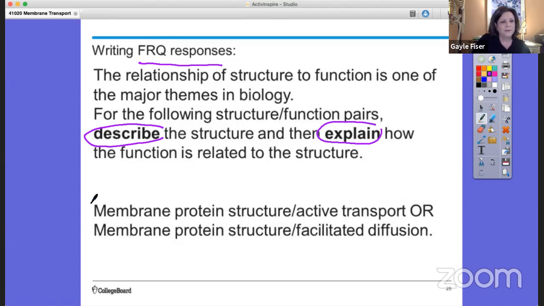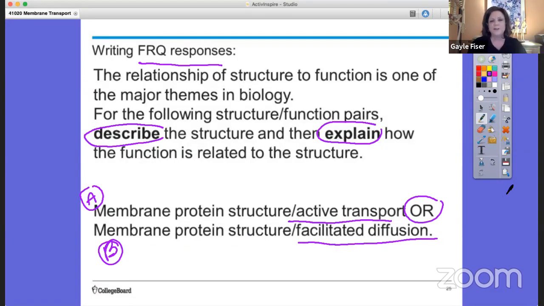We'll call this choice A, and this choice B. So A, you're going to describe the structure and explain how it's related to its function for a membrane protein structure and active transport. Or you can do a membrane protein structure and facilitated diffusion. There's just going to be a little bit of difference between the 2 anyway. I'll give you a minute to think about that, maybe 45 seconds, and then I'll be back.